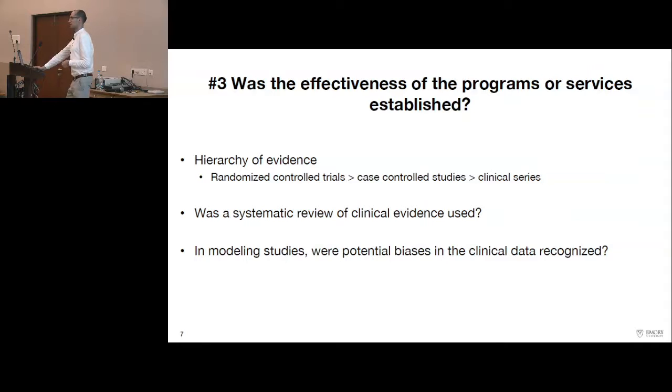It's important to look at how the researchers establish effectiveness of the interventions. What data sources did they use? Again, RCTs are the gold standard, though they have some limitations. I actually would add, so randomized control trials, the next one would be probably cohort studies, then case control studies, then clinical series.